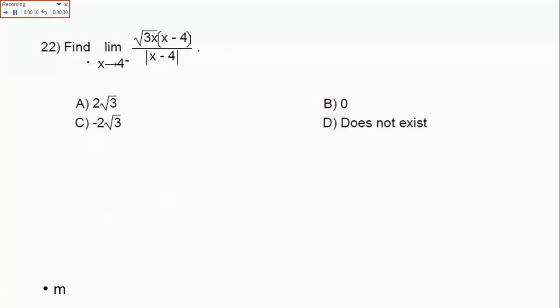Now we have to find the limit as x approaches 4 from the left of this. Anytime you see the modulus, or absolute value, that means you're looking into a piecewise function.